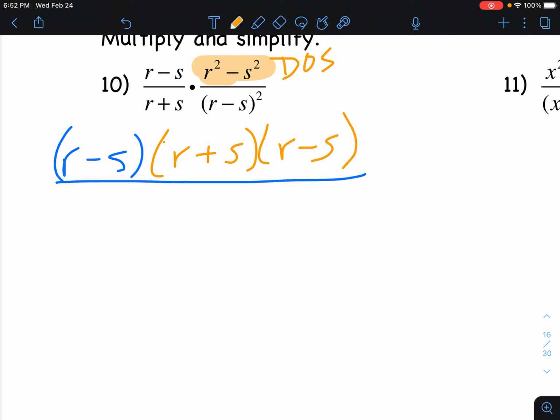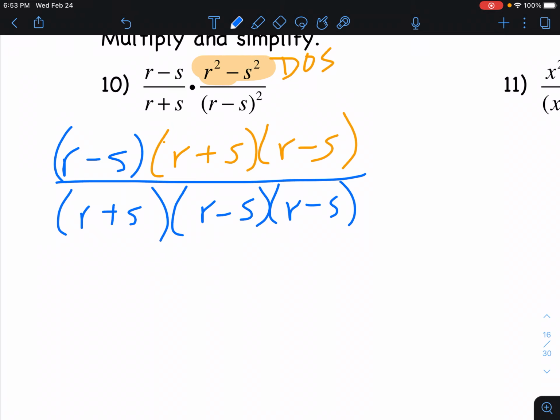Remember, if you don't remember difference of squares, please hit up YouTube, type it in. The bottom left, r plus s, cannot be factored. Drag that down. And then bottom right, it says r minus s, then squared outside of parentheses. Remember what that means is to write r minus s twice.